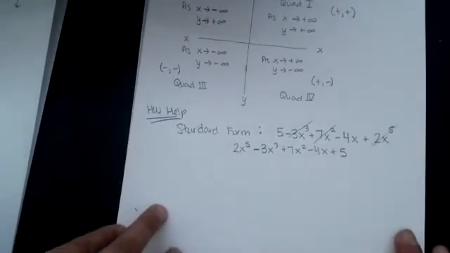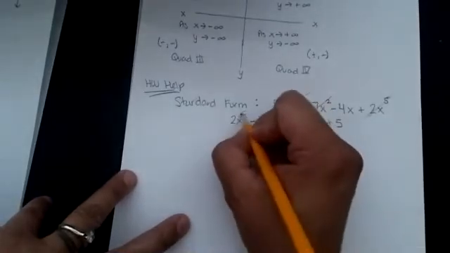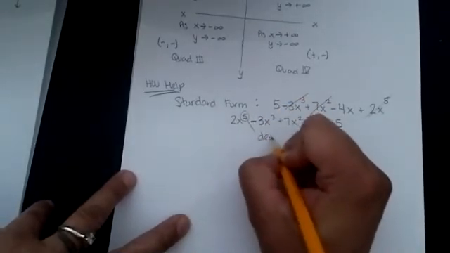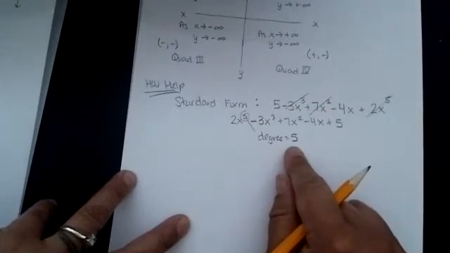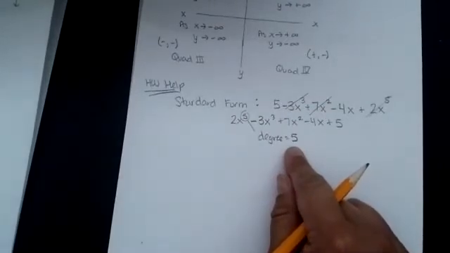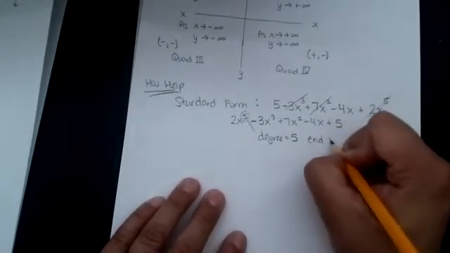Now, let's say it's asking what's happening on the graph. Okay, well, we know that the degree is 5. And what do we know if the degree is odd? If the degree is odd, it alternates, okay? If the degree is odd, we know that it alternates. So right here, the end behavior alternates.